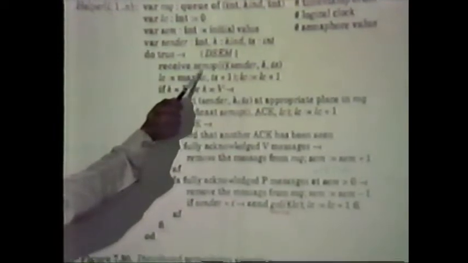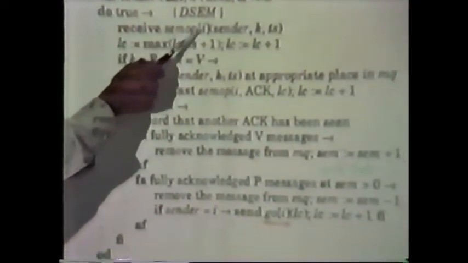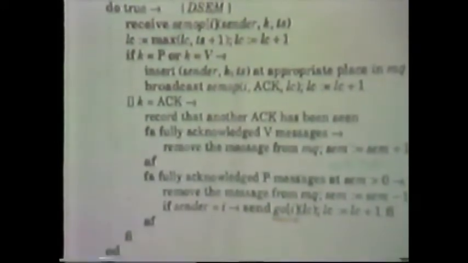Okay? So, let's see what it is that we do as a result of receiving some operation. In this case, this is the ith process, the ith helper. The ith helper is listening to the ith sema channel.